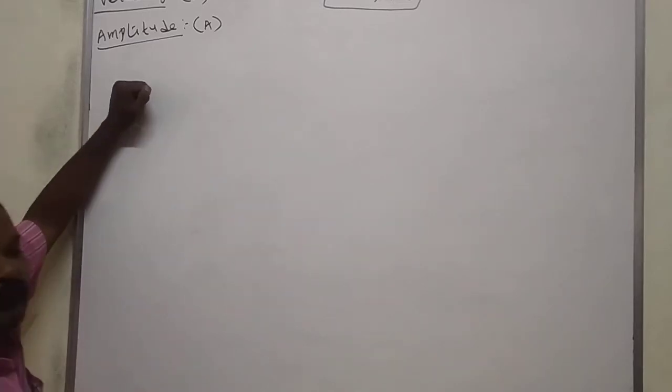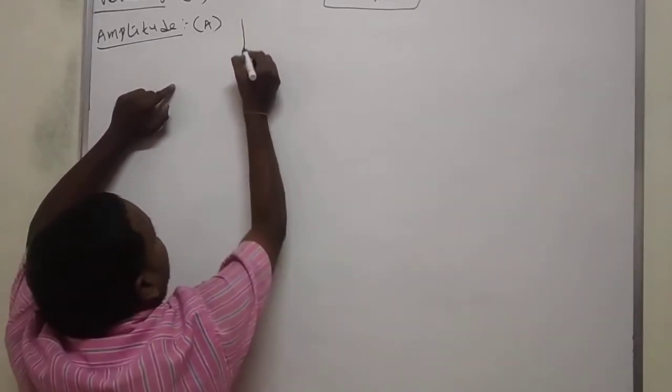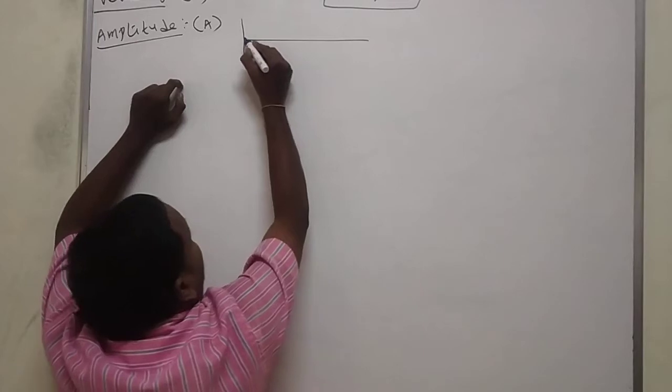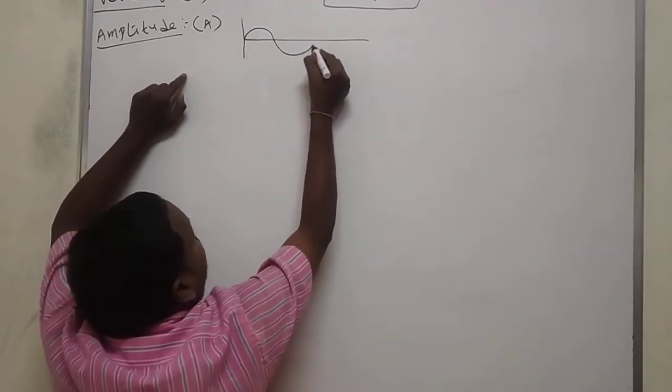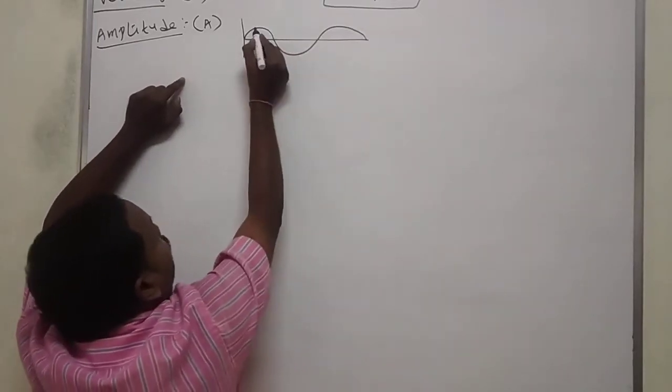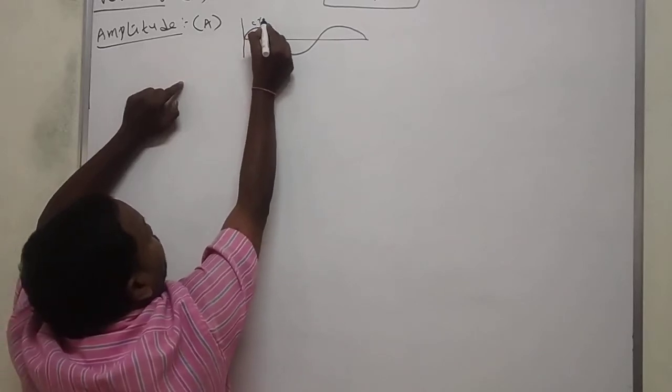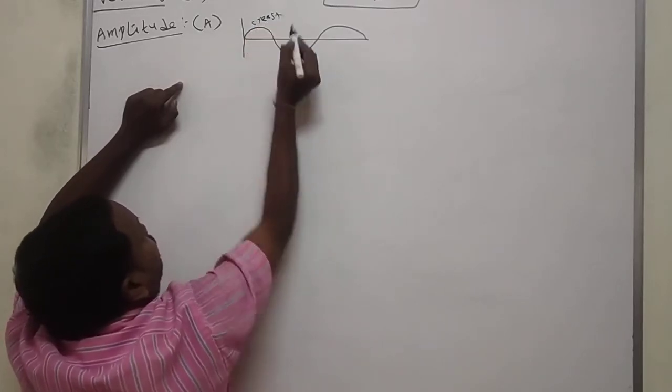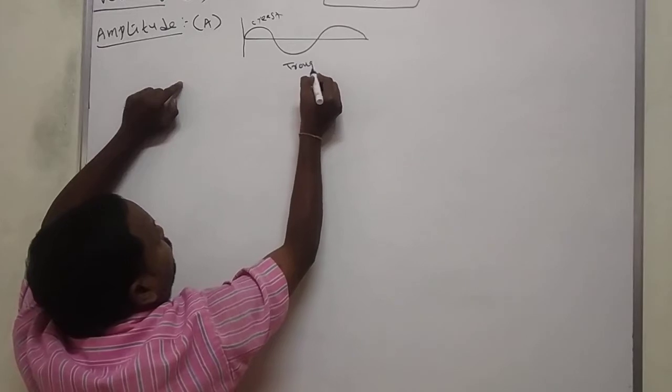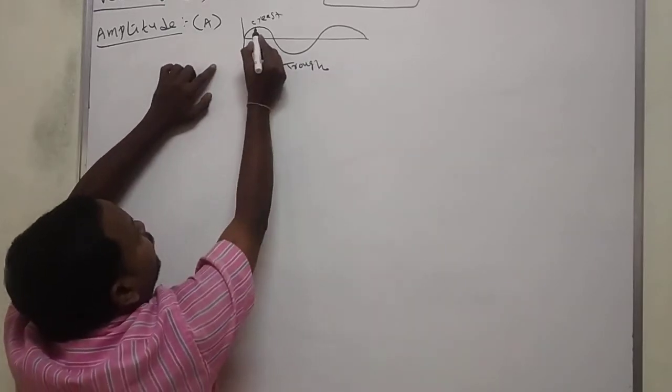What is the meaning of amplitude? Here I am drawing a wave. This is the wave. This is called the crest. This is called the trough.